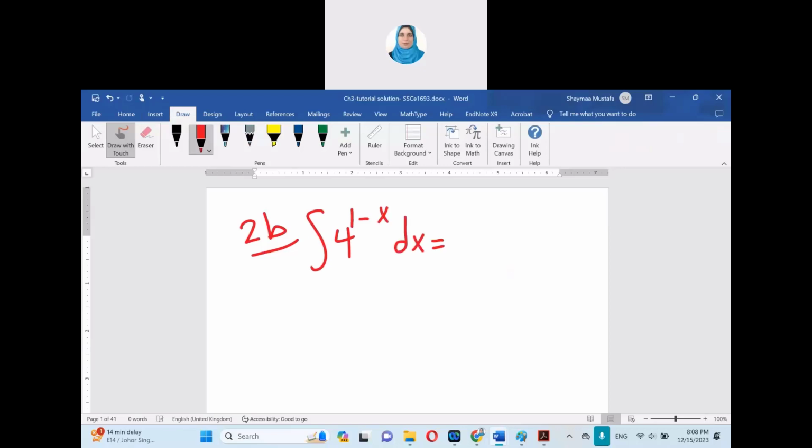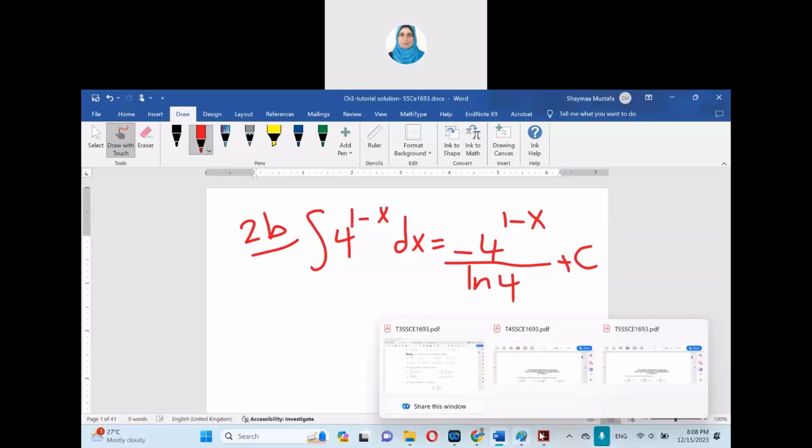So this one is equal, similar to exponential, the constant will be the same, 4 to the power 1 minus x over, but because we have minus here, I should divide by minus, and because this is not e but 4, you need to divide by ln 4, plus constant because this is an indefinite integral. This is question 2B.